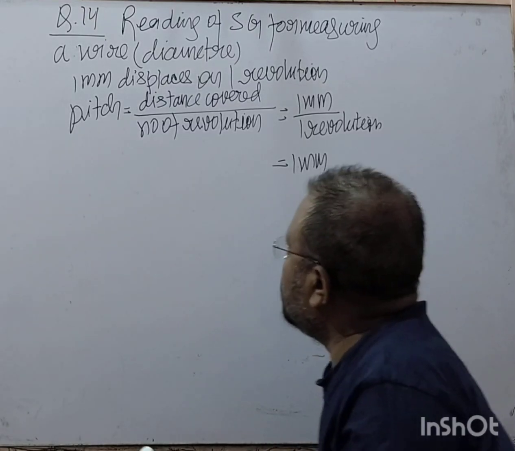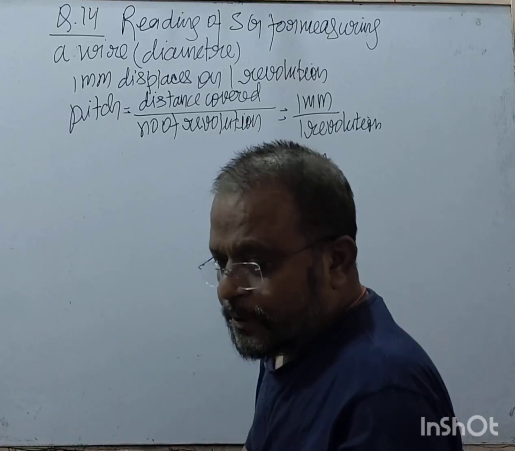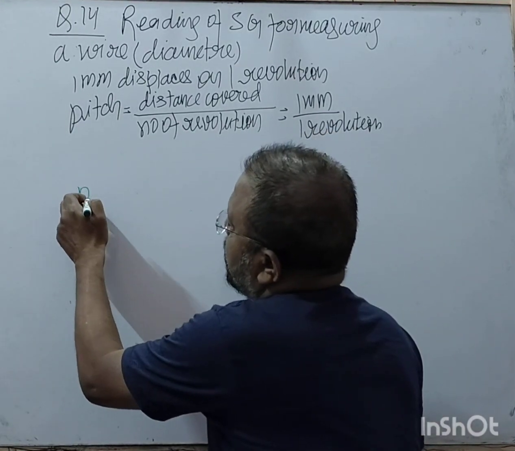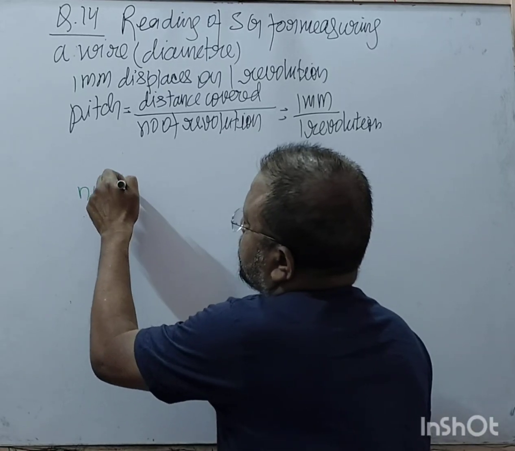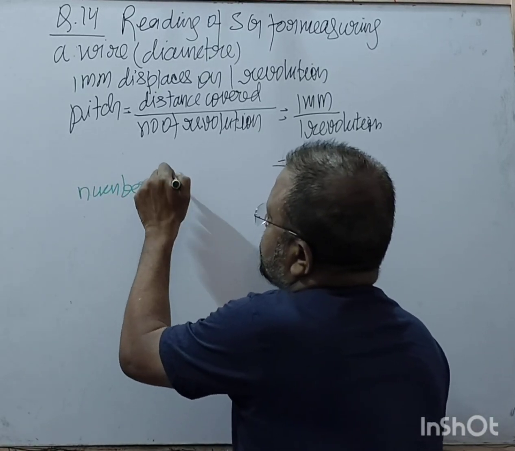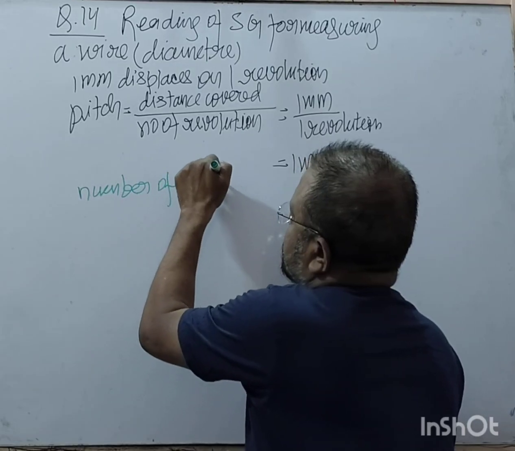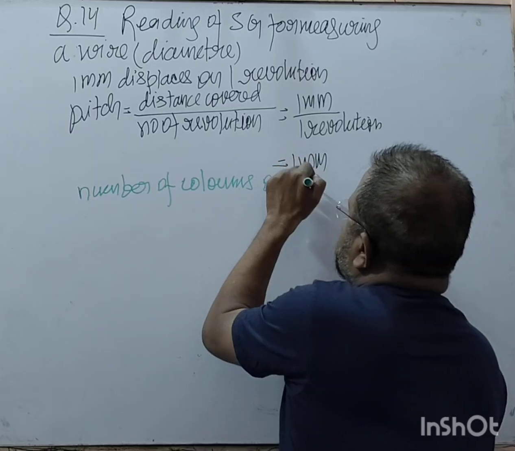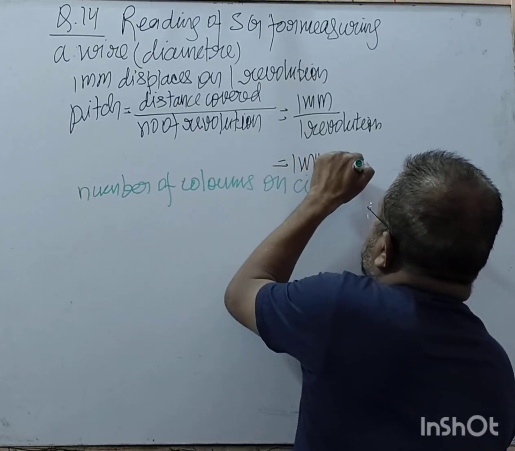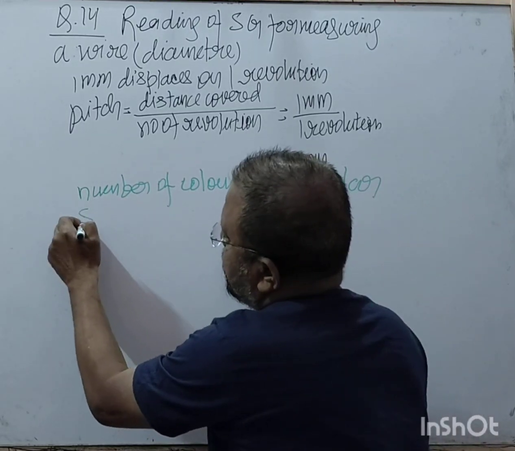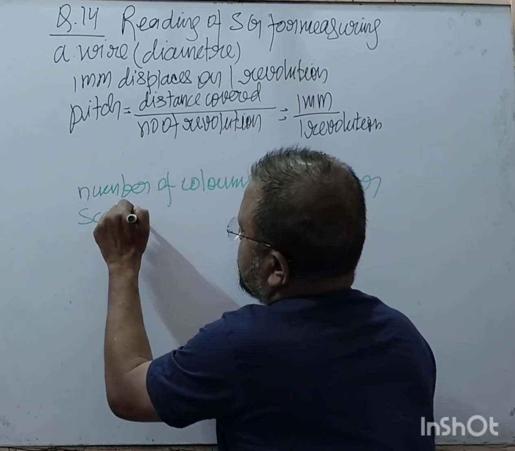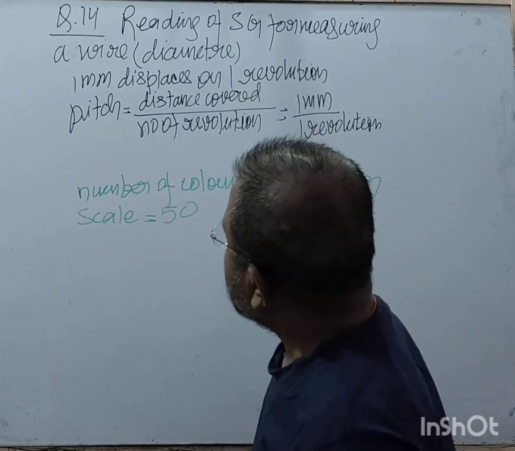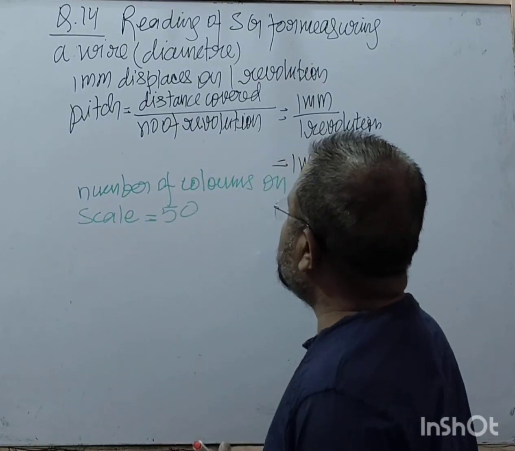Obviously, the number of columns on the circular scale is equal to 50. Right? Yes, sir.